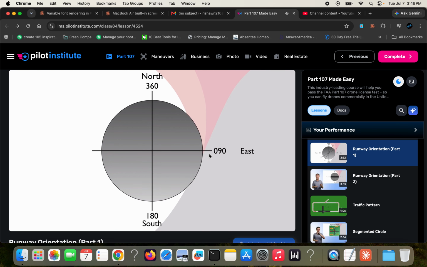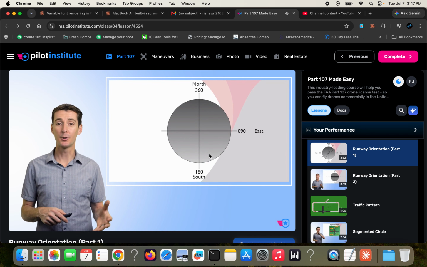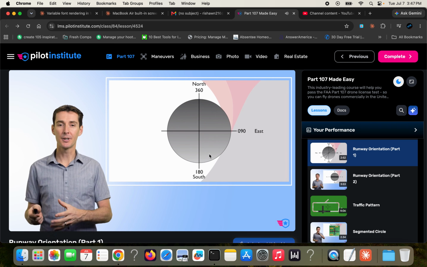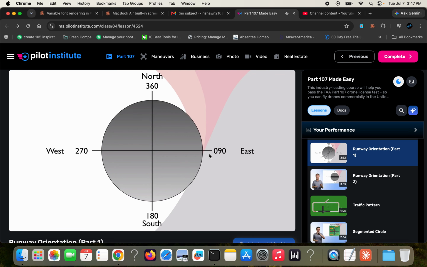Then we have east, and I'm going to say 090. That's going to make more sense when we talk about radio communication. This is a standard. 090 is 90 degrees. We just say every single digit individually. So 090 is east, and 270 is going to be west. 180 is south, 360 is north. We can divide this into more quadrants.